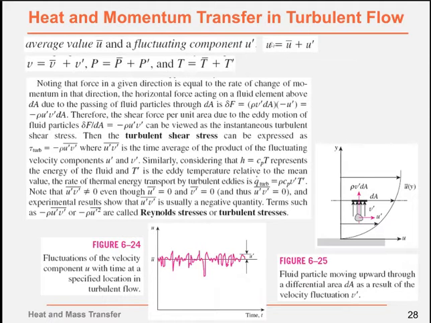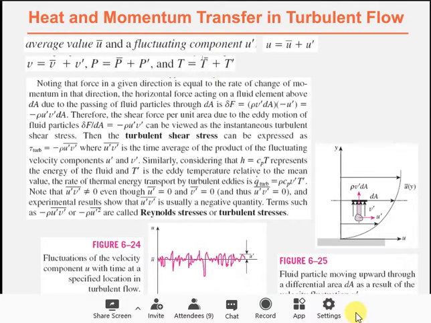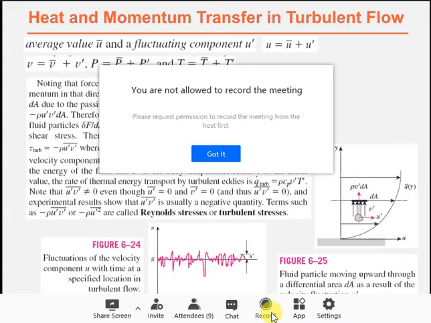So the velocity can be shown as the average velocity plus the fluctuating component velocity. This is the local velocity. And similarly, the pressure and temperature can be shown in a similar form: average temperature, fluctuating temperature, and this is the local temperature.